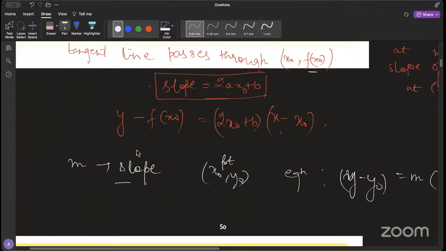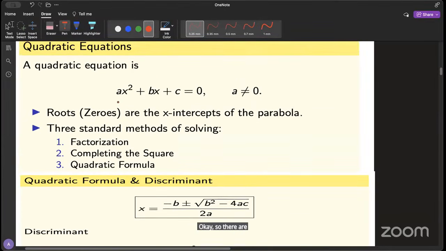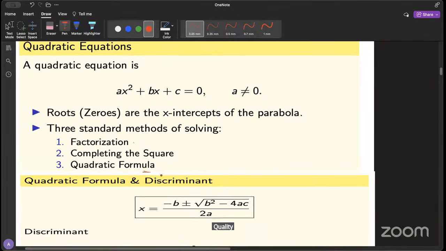Then we have to find the zeros of this equation. There are three methods basically to solve your quadratic equation. One is using factorization. The easiest approach is the quadratic formula. Use the quadratic formula, it always works.